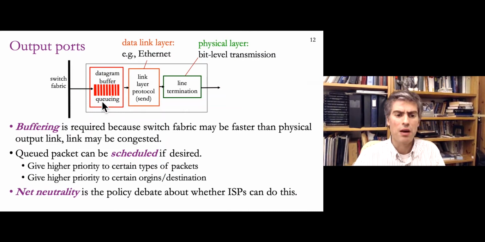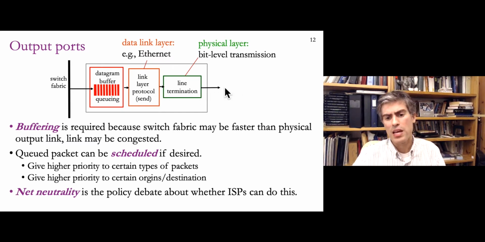Okay, so on the output ports, we also have buffering, which is to say we have queuing. A packet is pulled off the switch fabric to be sent out onto the line. And we still have a translation from packets to bits and into electrical signals.